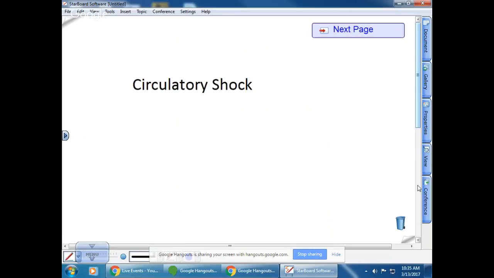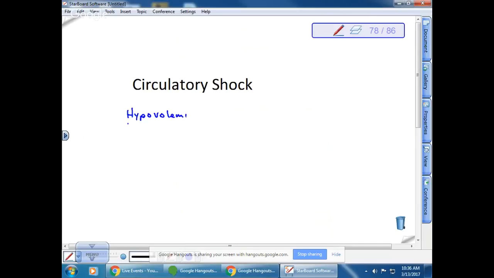Okay, so let's talk about circulatory shock. So this is where blood pressure drops dramatically and can cause people to pass out and go into a coma. And so two that I want to talk about are hypovolemic shock. So think, oops, forgot my O there, hypovolemic.